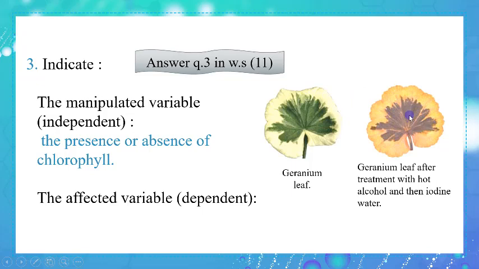A blue color after adding iodine solution indicates the presence of starch. So this part of the leaf contains starch, while the brown color indicates the absence of starch. So the affected variable by the presence or absence of chlorophyll is the presence of starch.